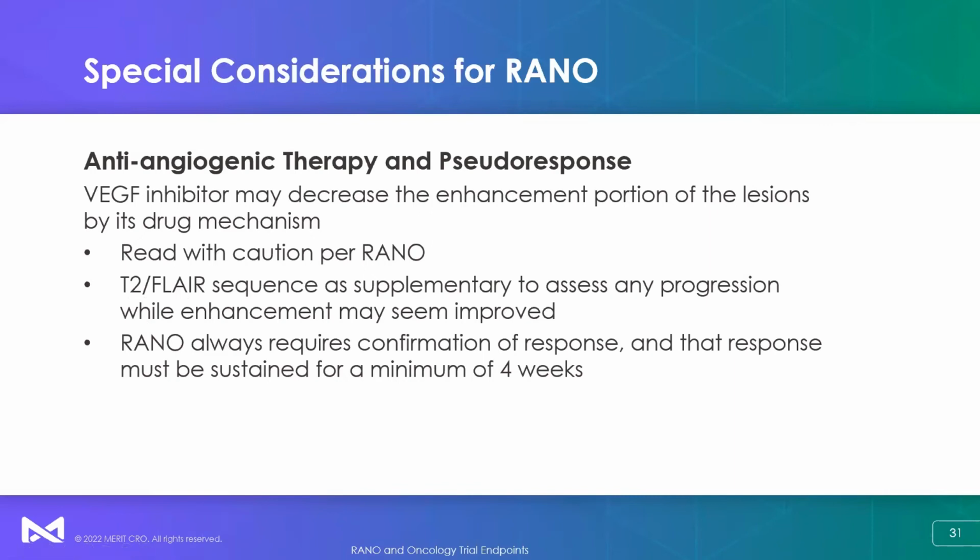Also, RANO requires confirmation of response, which has to be at a minimum of 4 weeks. Sticking with this important rule may also avoid catching a pseudo-response and help give the appropriate response to the subject if any anti-angiogenic therapy has been given.